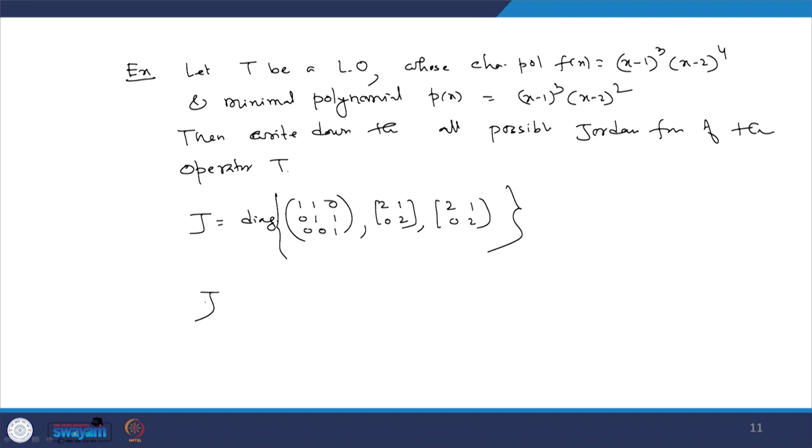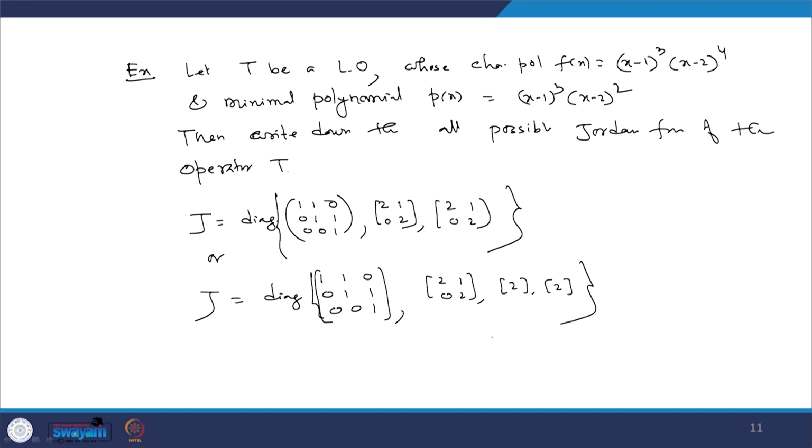Say another one is diagonals. The first one associated to eigenvalue 1 will always be a Jordan block of order 3: 1 1 0, 0 1 1, 0 0 1. The second entry will be 2 1, 0 2, then Jordan blocks of order 1 also.